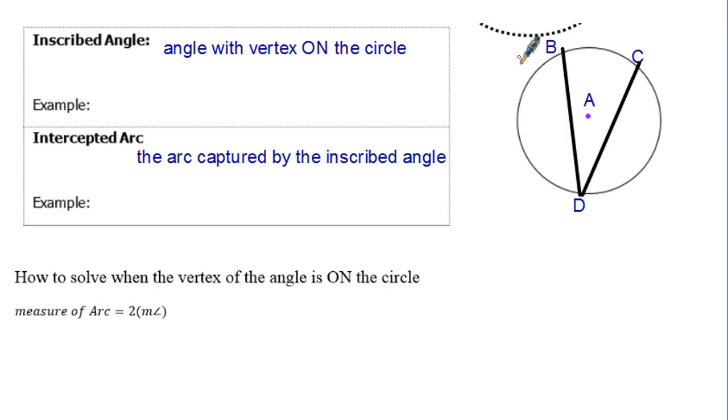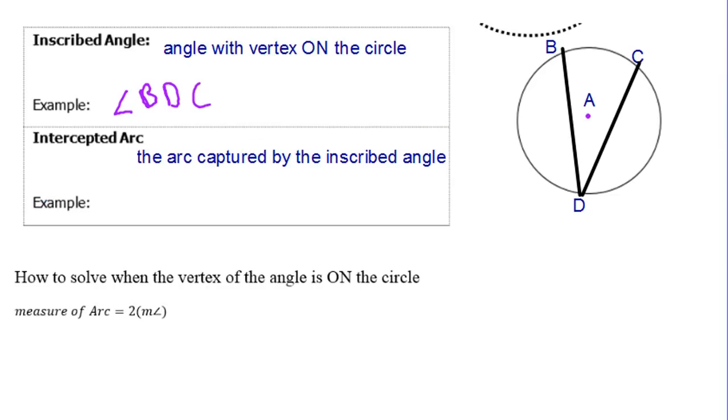So our example here, if you want to go ahead and draw this on your blank circle, we have center A and then points B, C, and D on the circle. If I was trying to name my inscribed angle, it would be angle BDC. The intercepted arc is the arc that is captured by the inscribed angle.